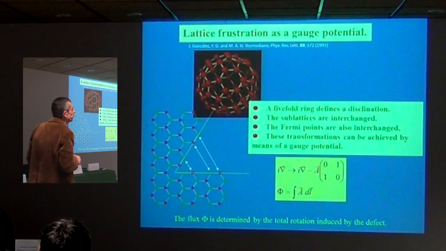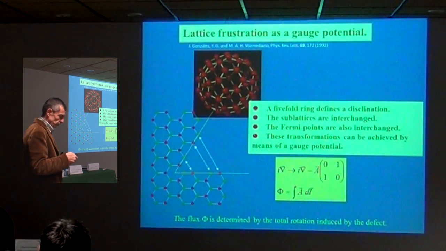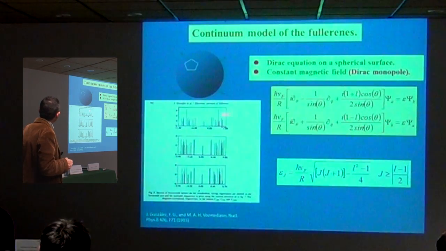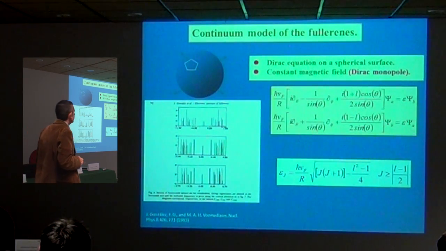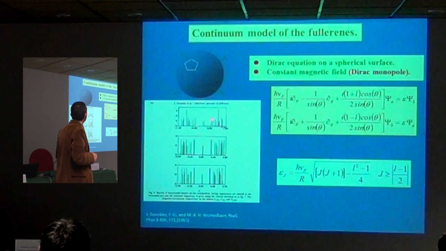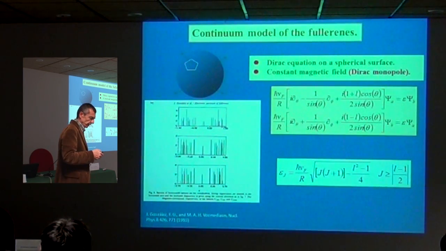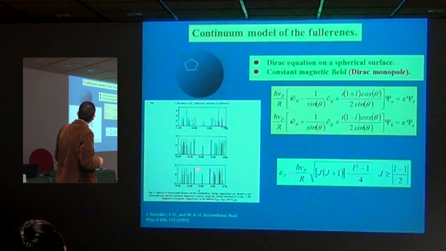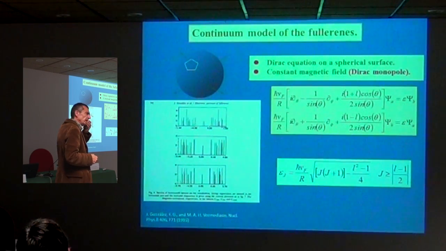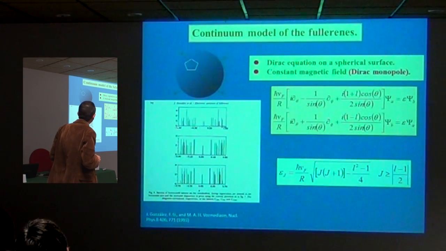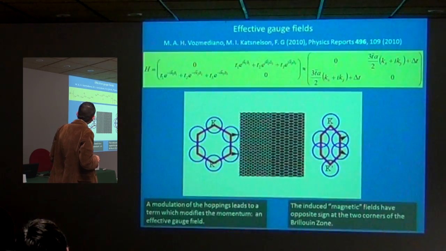So you can replace the pentagon by an effective magnetic vortex, and out of it you get a description for the electronic structure of fullerene in terms of flat graphene, a flat honeycomb lattice, plus a monopole sitting at the center, and you have a very nice and very simple analytic description of the electronic states of the fullerenes.